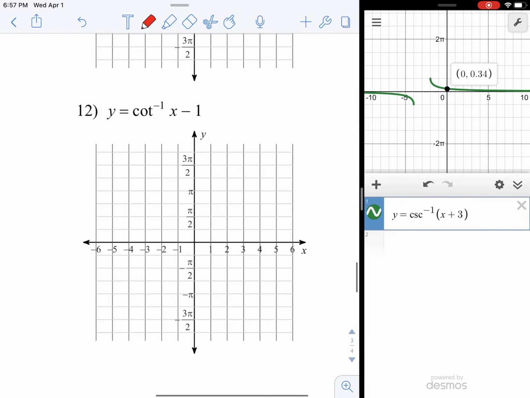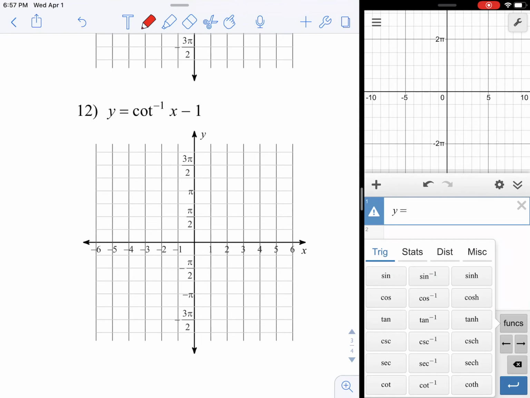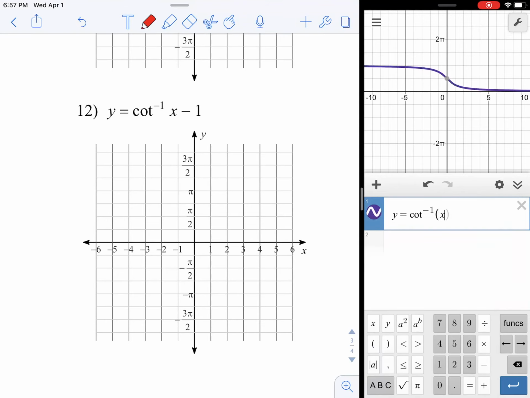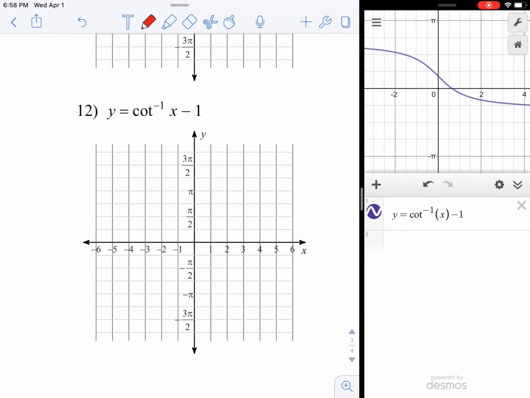Number 12, last one, for the notes anyway. Y equals inverse cotangent x, not in parentheses, then we put a minus 1. And again, that's sort of the sideways spaghetti shape. 0 comma 0.5, so where's that going to be? Let's see.